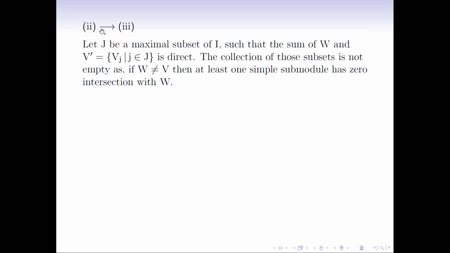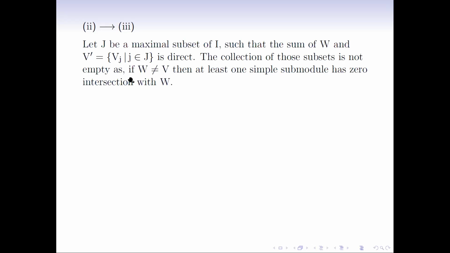From 2 to 3: 2 is a direct sum of simple submodules, 3 is every submodule has a complementary submodule. So let's take some submodule W inside V. We use the same trick, and J is a maximal subset of A capital, such that V prime, which is the sum of all Vj from J capital, and the sum of W and V prime is direct.